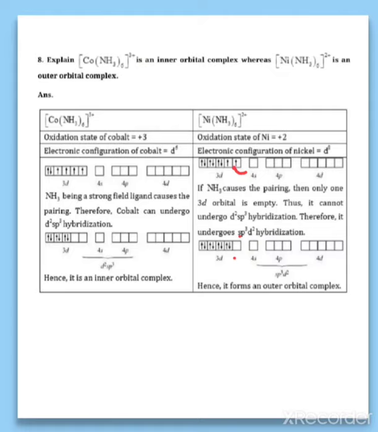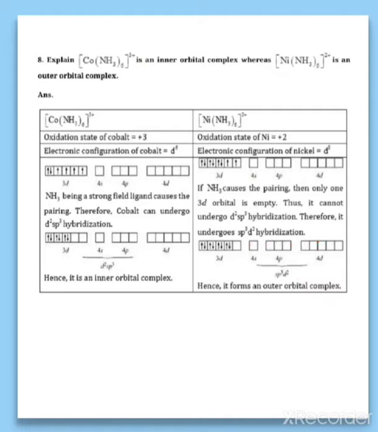So instead of going for d2sp3 hybridization, it undergoes sp3d2 hybridization. That is, here the intermixing of the 4s orbital, three 4p and two 4d orbitals are involved in the hybridization. Therefore, this type of hybridization is sp3d2.